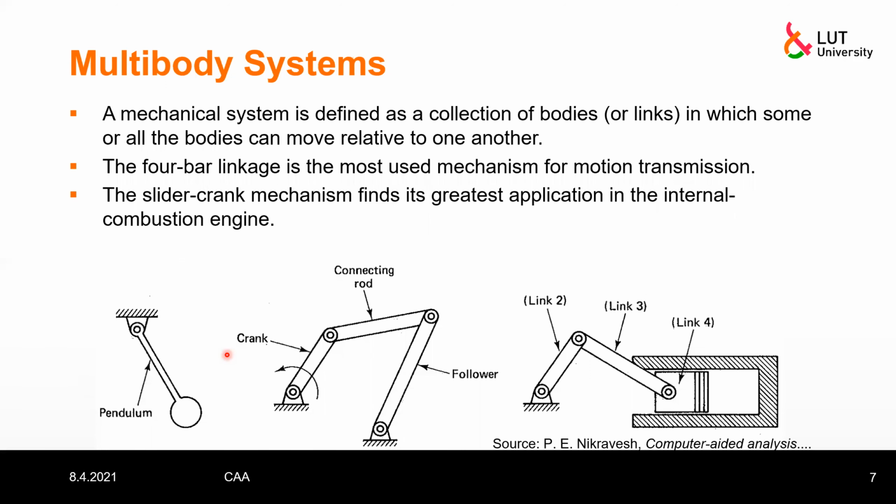Here you have examples: bodies connected with joints, and the joints describe the motion that two links can have relative to each other. Out of those blocks we build the whole mechanism, whole kinematic chains, and we assume it will move in some prescribed motion that we want to analyze in detail.